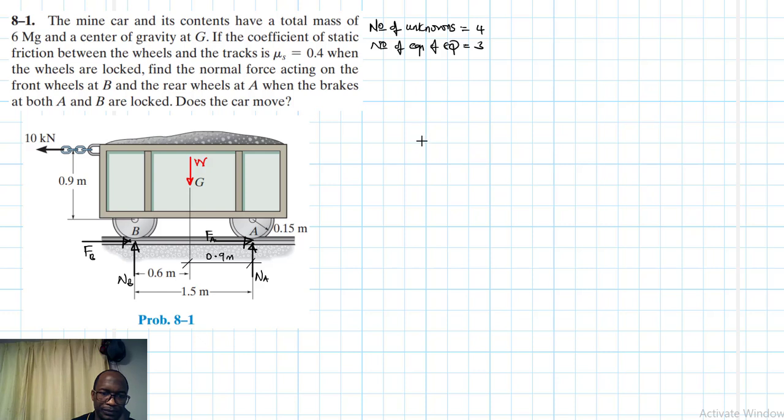Of course, what they're asking us to find are the normal forces, which we can still find with the available equations of equilibrium. But let's say we want to find all the forces.